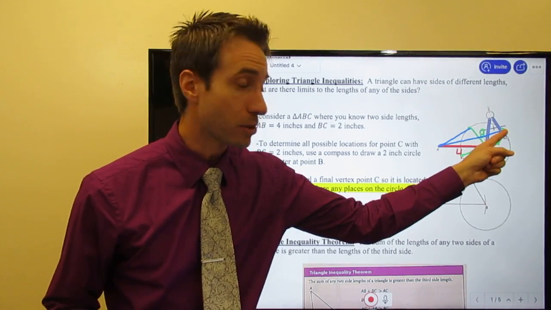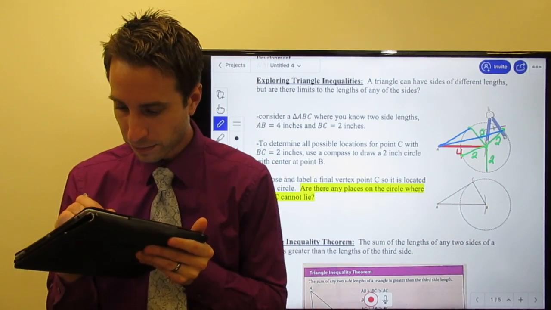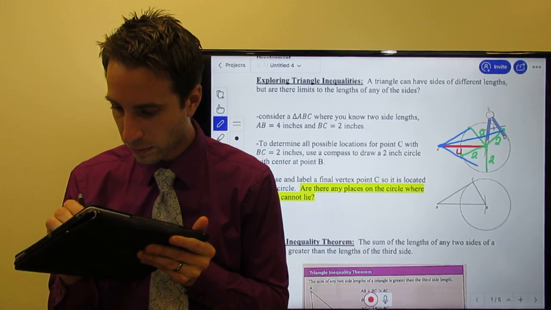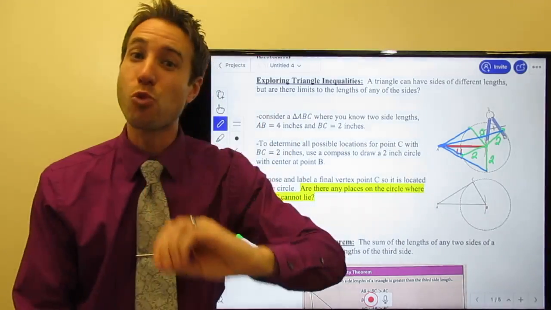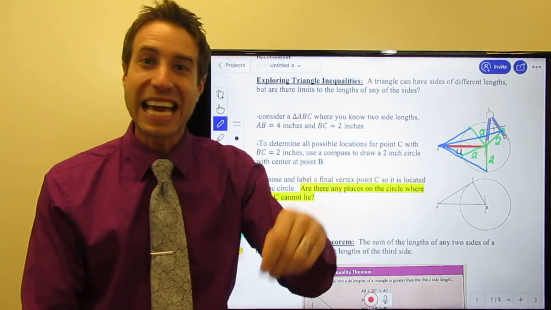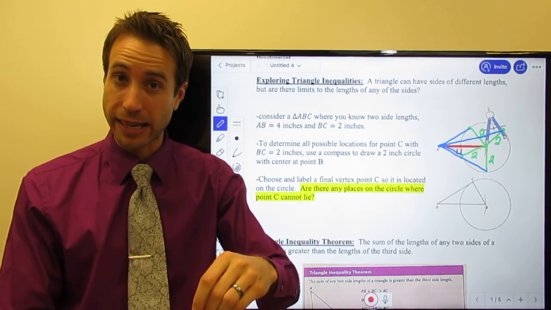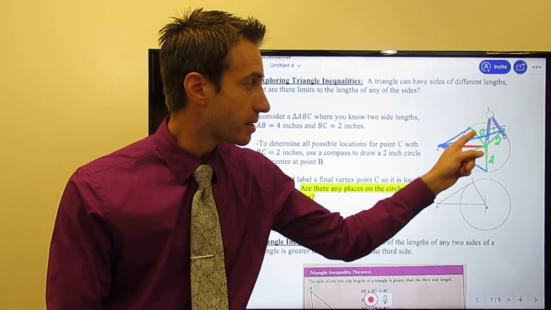Look at how much longer it is. Or right there, AC. Or right here, AC. Depending on where I put that segment BC, it's changing the length of this third side.